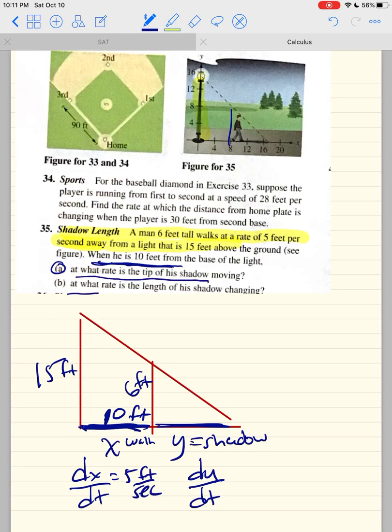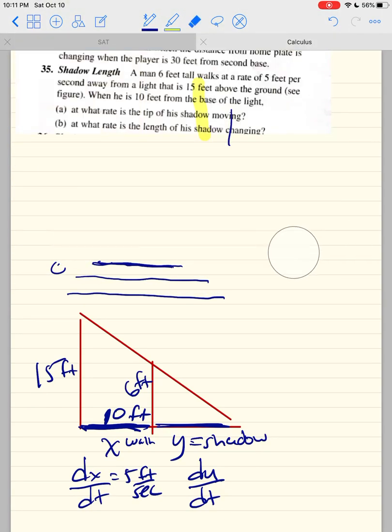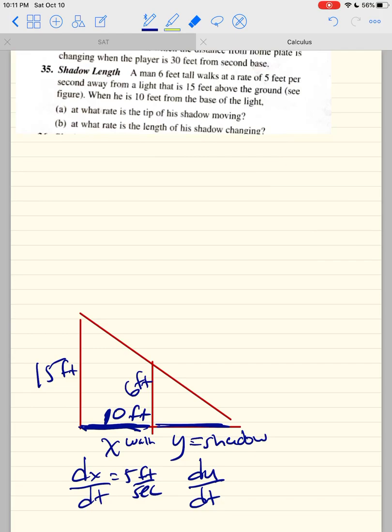And here's part B. At what rate is the length of the shadow changing? I'm going to do the length of the shadow changing first, okay? So let's do part B first. So we're looking for dy/dt, the length of the shadow.